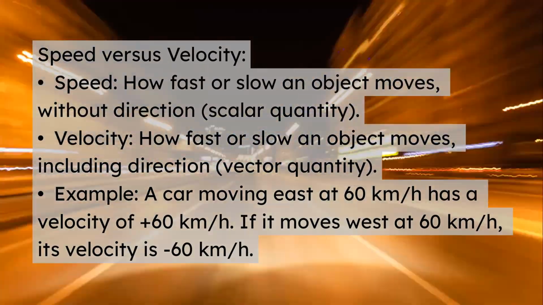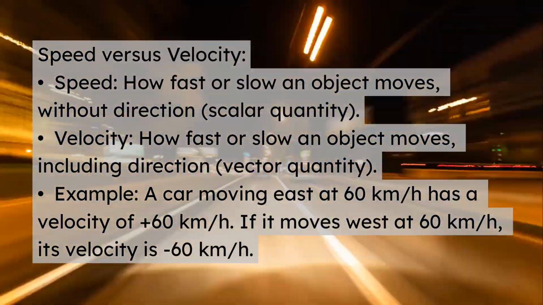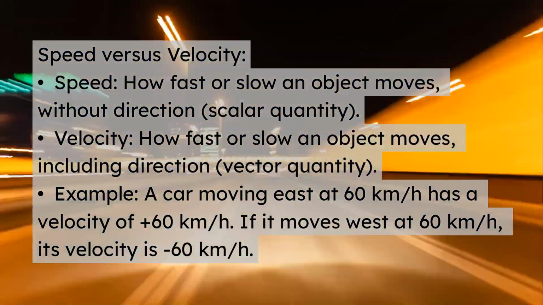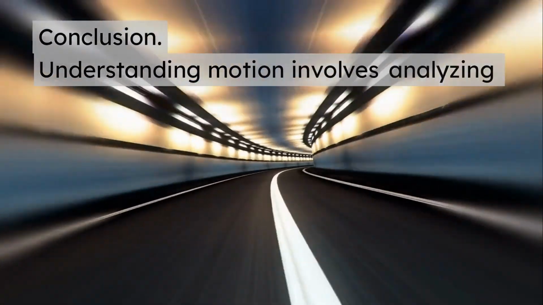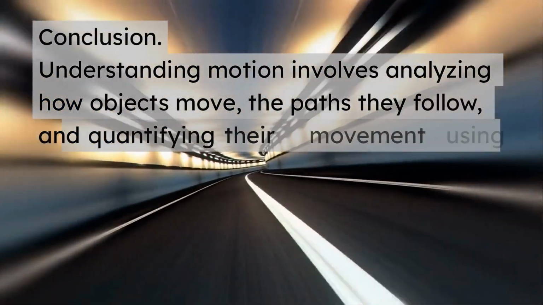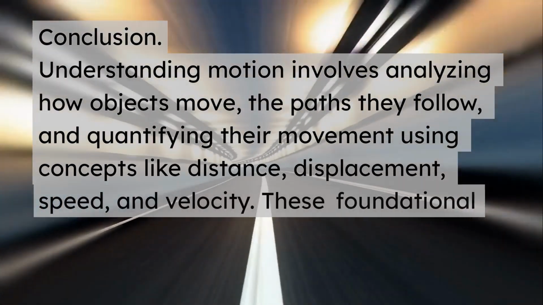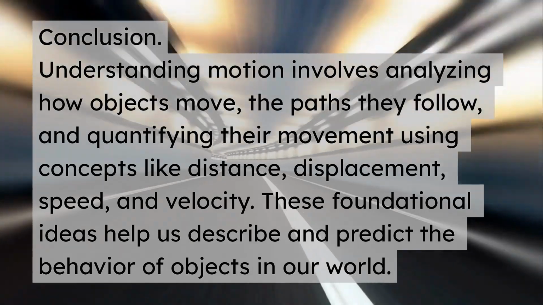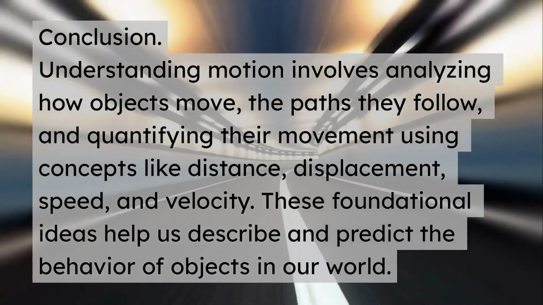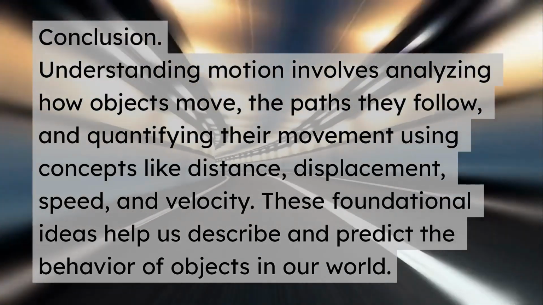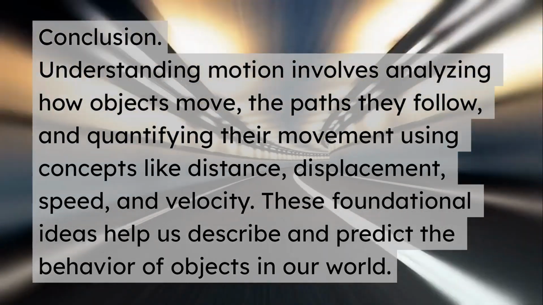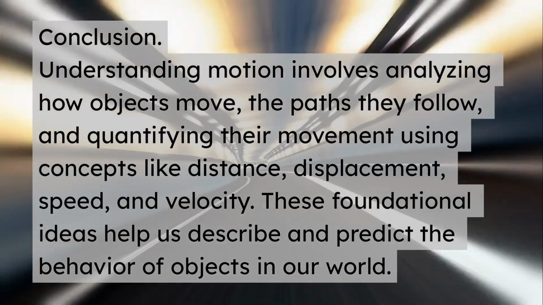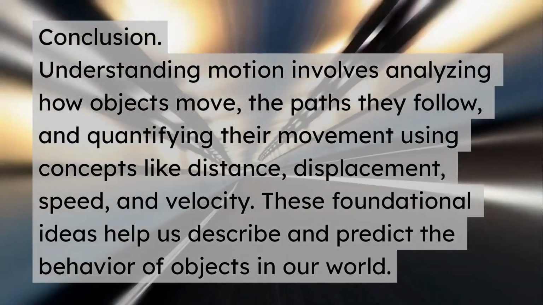If it moves west at 60 km per hour, its velocity is minus 60 km per hour. Conclusion. Understanding motion involves analyzing how objects move, the paths they follow, and quantifying their movement using concepts like distance, displacement, speed, and velocity. These foundational ideas help us describe and predict the behavior of objects in our world.